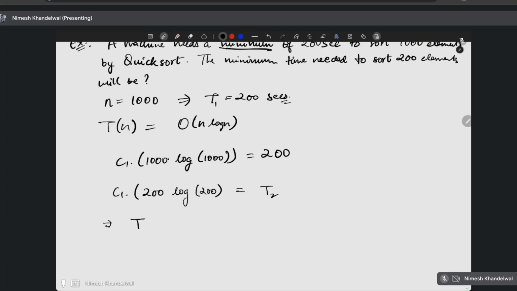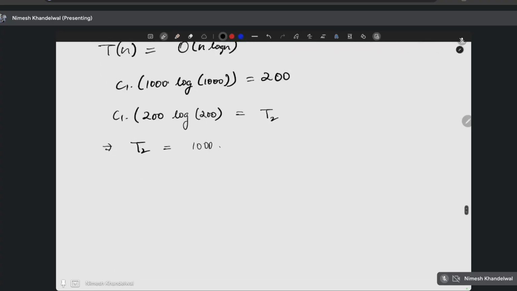We can just divide these two. Right, so it will be 1000 times log 1000 over 200 times log 200.